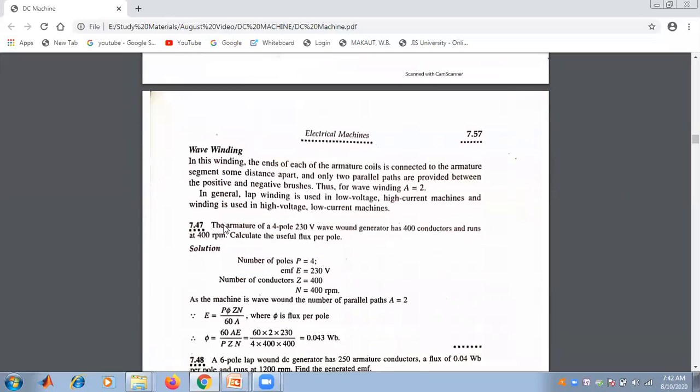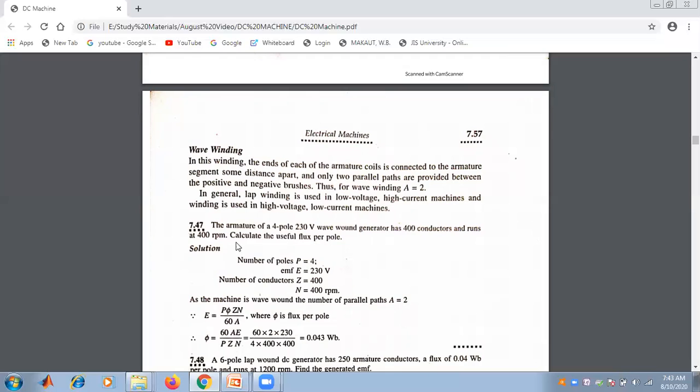Let us take a mathematical problem in order to understand the generated EMF concept and how those two windings affect the generated voltage. The problem is: the armature of a 4-pole, 30-volt wave wound generator has 400 conductors and runs at 400 RPM.